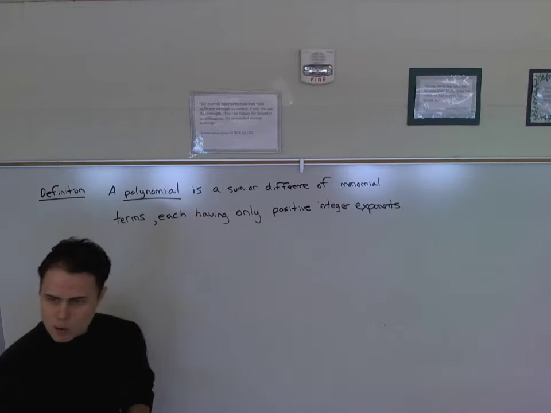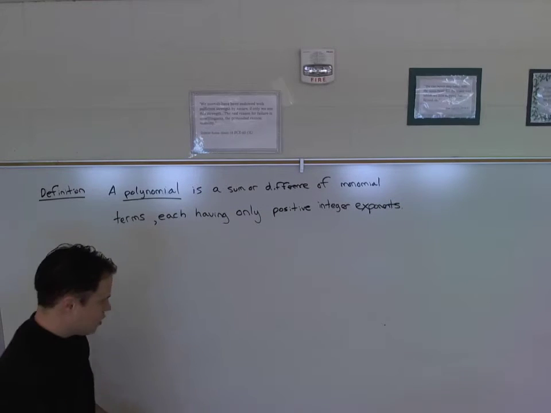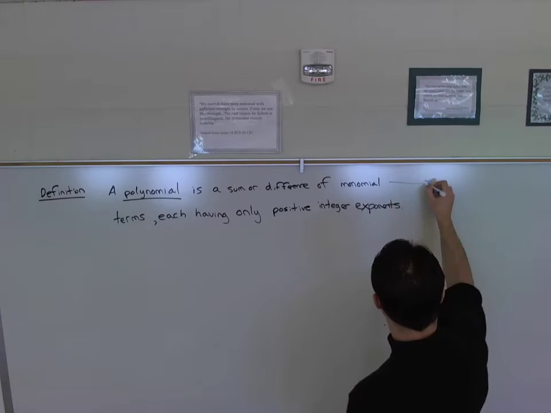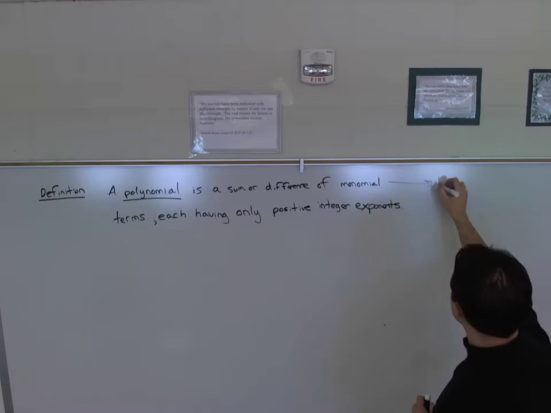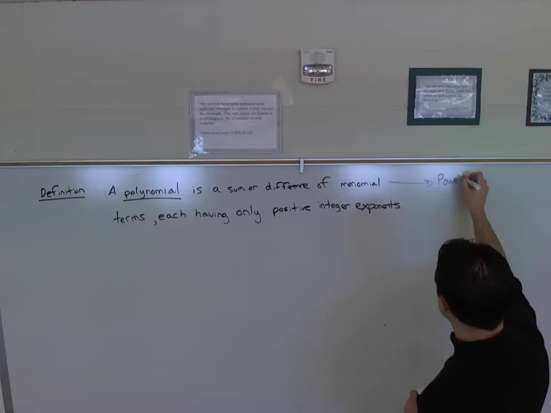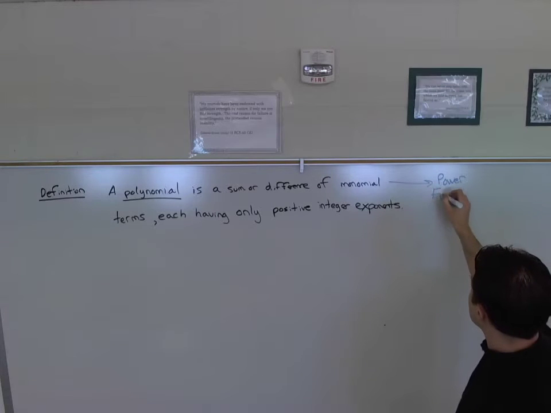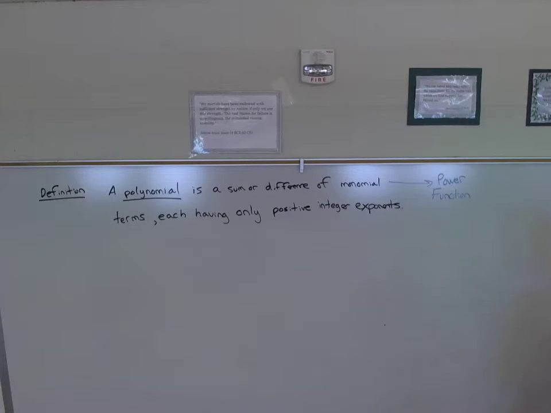Okay, and later this week we're going to hear another word for a monomial, so I'm just going to put that up there right now. Another word for a monomial is, and I like to use this vocabulary a lot in calc, called a power function. Okay, so power functions are going to be something that we add to our list of functions that we have for the year, right? Like what kinds of functions do we have so far that we've learned?